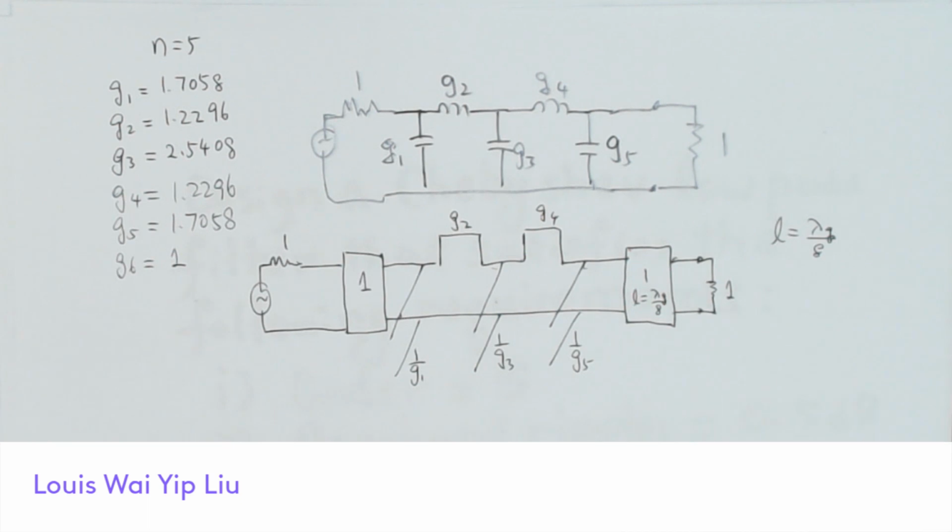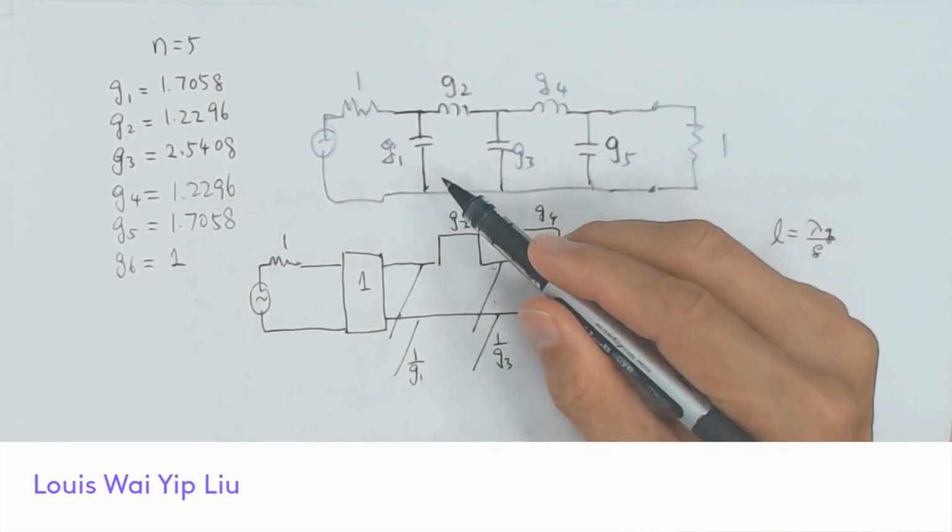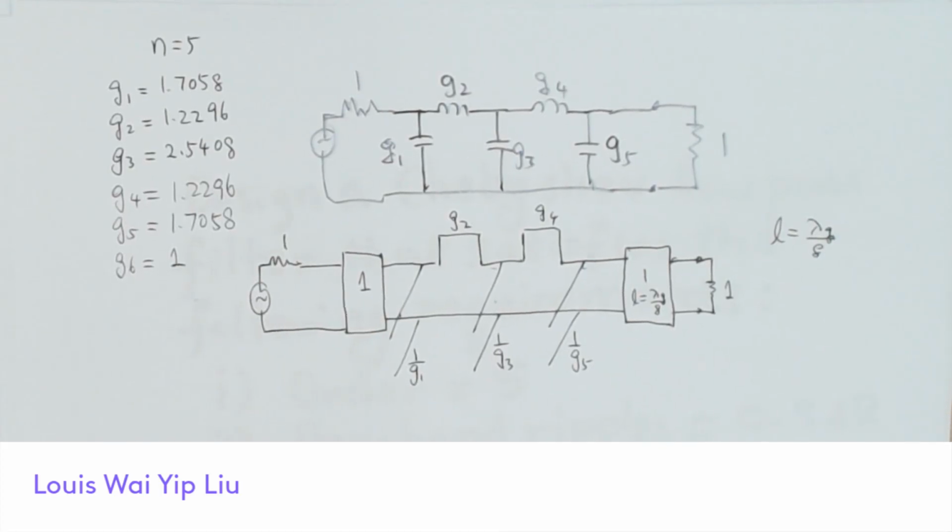Now the next stage is to use Kuroda identities to replace all the short circuit stubs with open circuit stubs. The idea is to apply two of the important Kuroda identities. But before doing this, we need to be very careful.